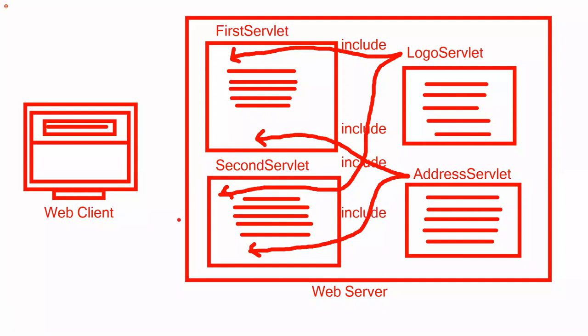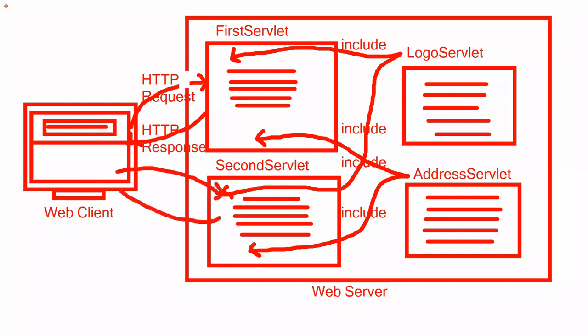Now, if I send a request to the first servlet, how many servlets are executed? 3 servlets are executed. If I send a request to the second servlet, how many servlets are executed? Again, 3 servlets are executed.